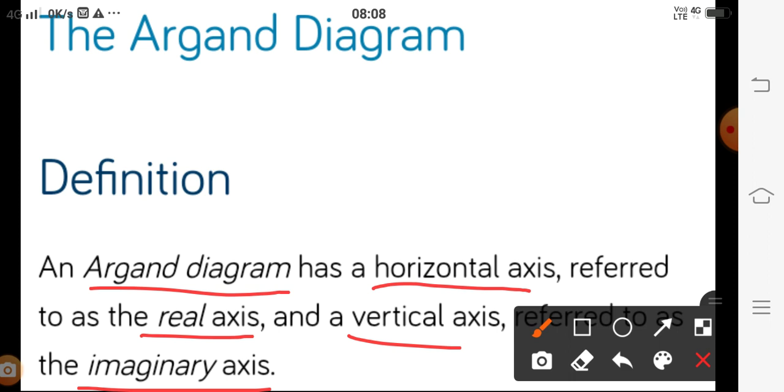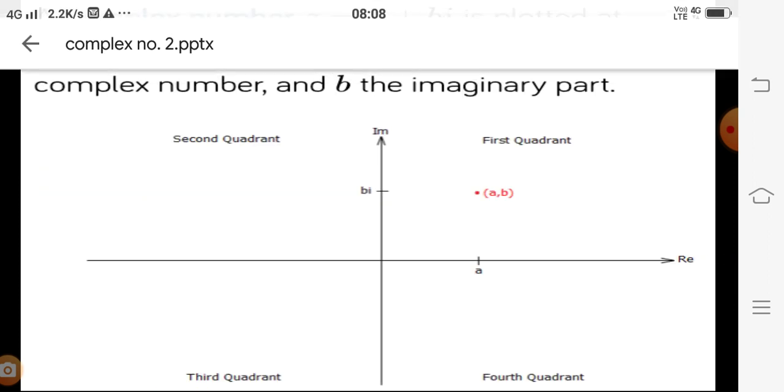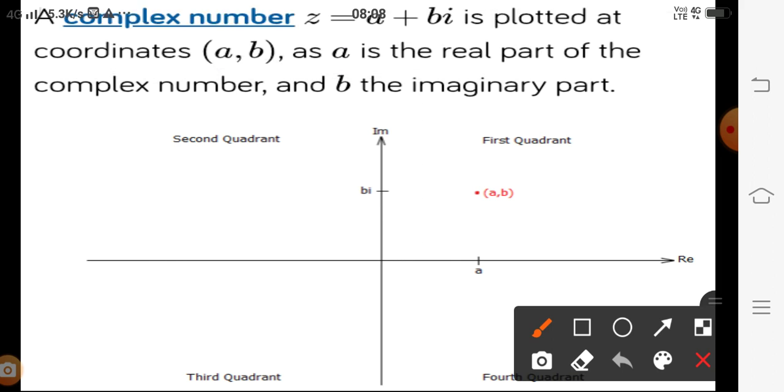The imaginary axis is the vertical axis, meaning the y axis, and the horizontal axis is the real axis, meaning the x axis. If I take a complex number z equal to a plus bi, then it is plotted as the coordinate (a, b), as a is the real part and b is the imaginary part.